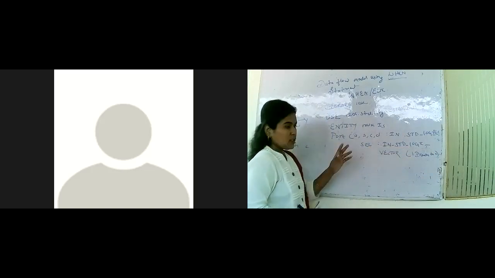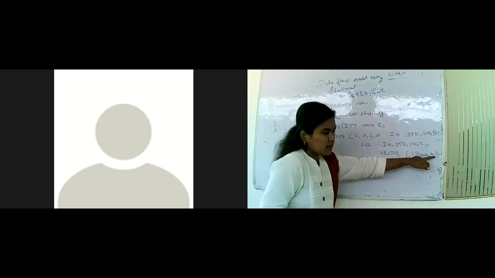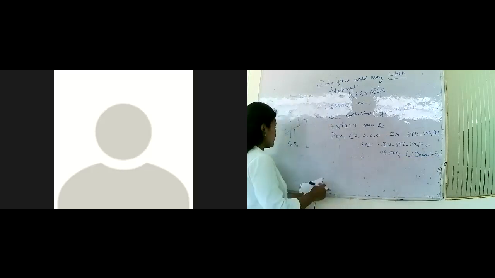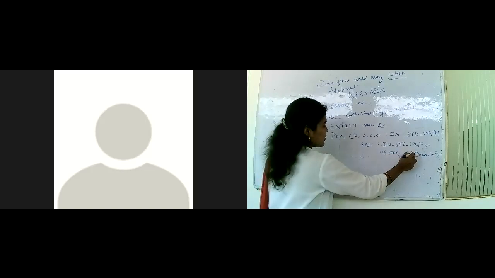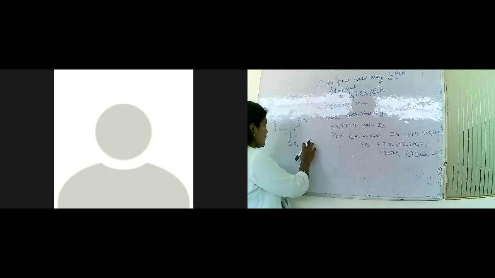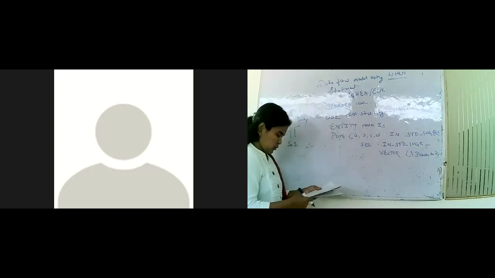For this we have two selection lines, starting with 1 and ending with 0. If I am having S0, S1, S2, S3, I will write 3 down to 0. But I am having only S0 and S1, so this is 1 down to 0.